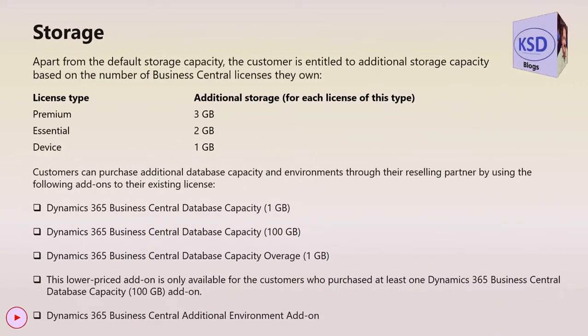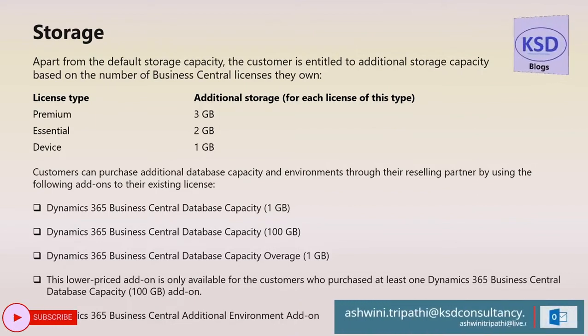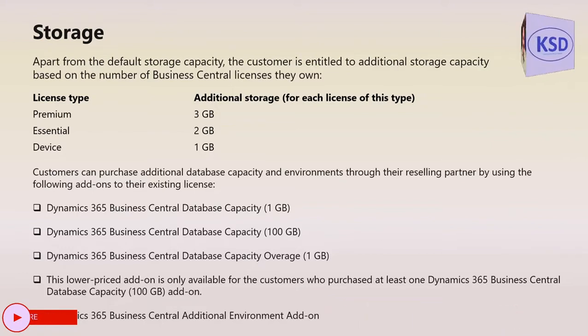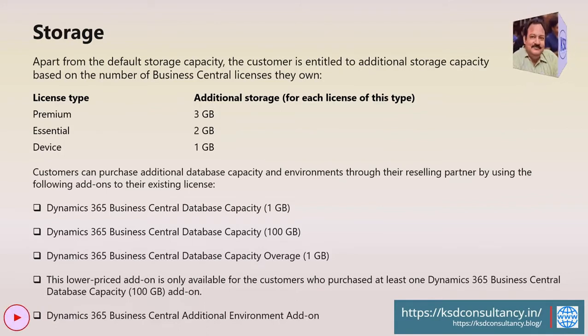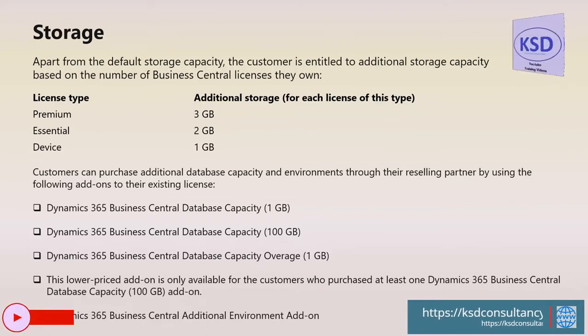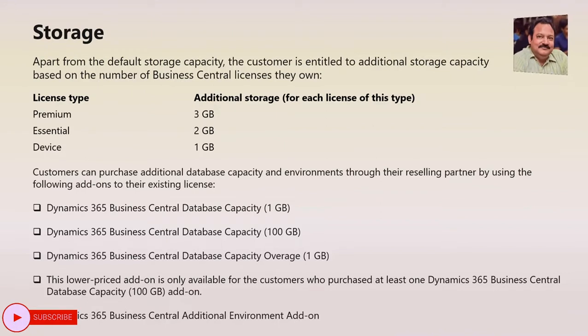So here is something which deals with the storage. Apart from your default storage, you have additional storage capacity depending on your licenses. If you have the Premium license, you will get 3 GB additional storage for each license.